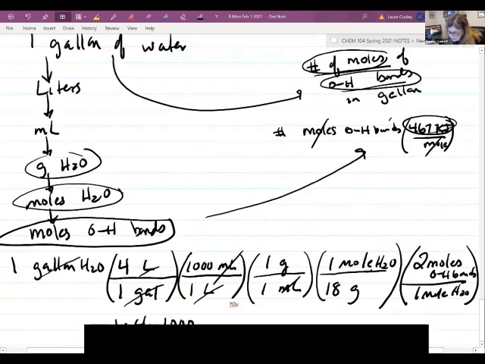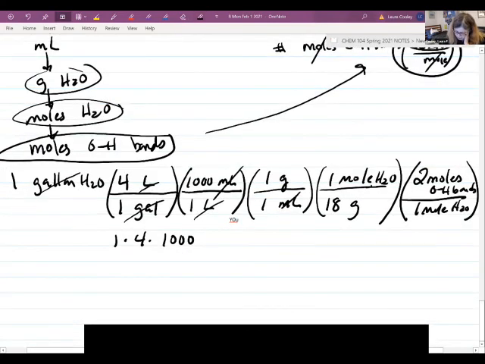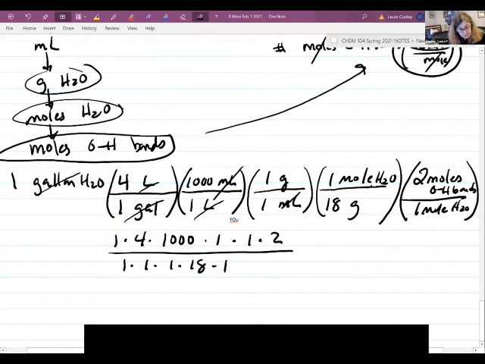We have to multiply by this, but I don't have any more room, so I'm going to multiply now. Okay. So that's 444 moles of OH bonds.